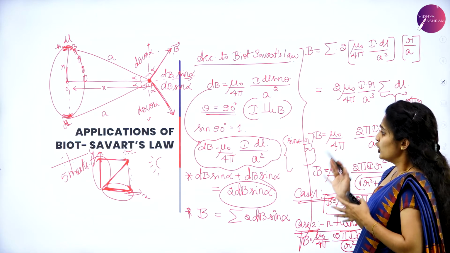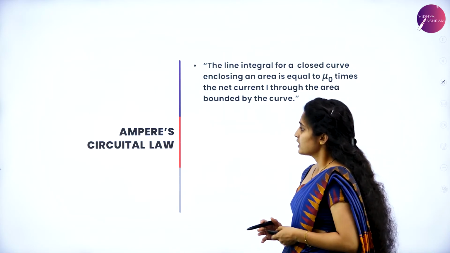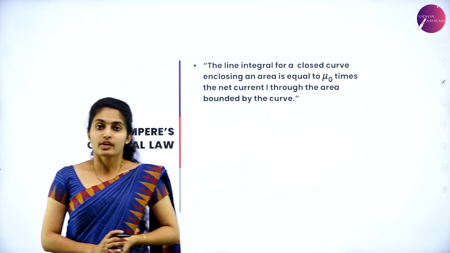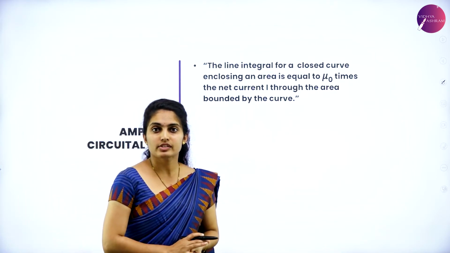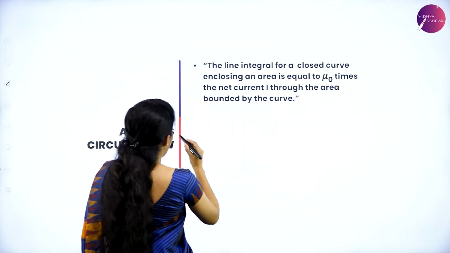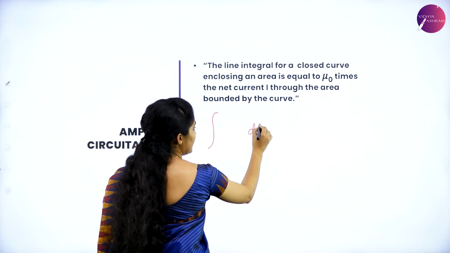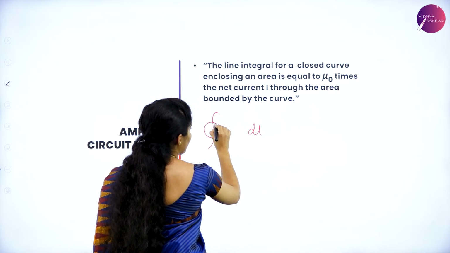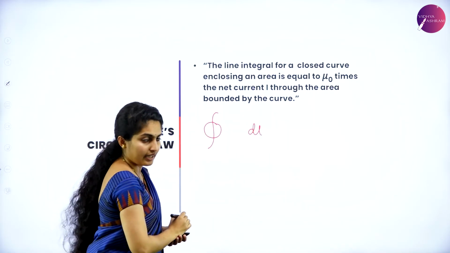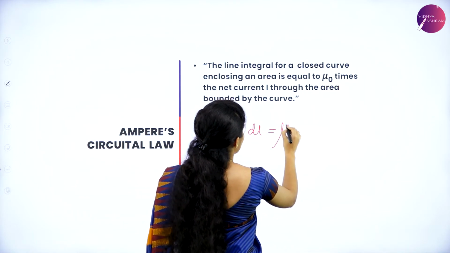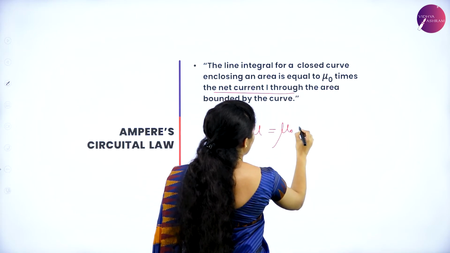Now, knowing this concept, let us catch up on Ampere's circuital law. What is meant by Ampere's circuital law? Ampere's circuital law says the line integral B·dl for a closed curve enclosing a certain area is equal to μ0 times the net current through that area.